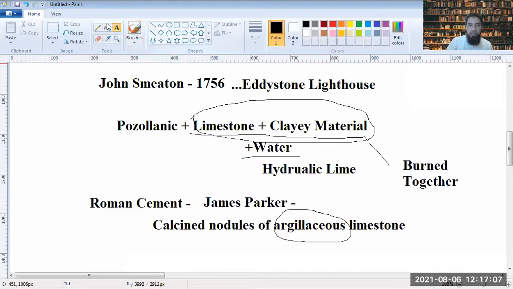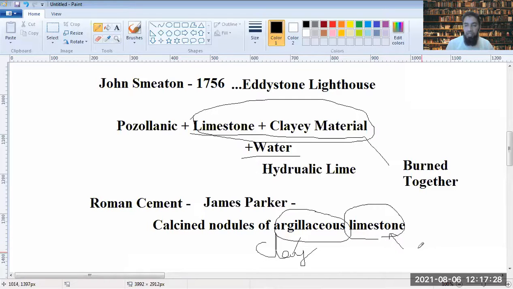This is clay. Most of the component of clay is aluminates, and it is argillaceous in combination with limestone. So aluminates, you also call that argillaceous.